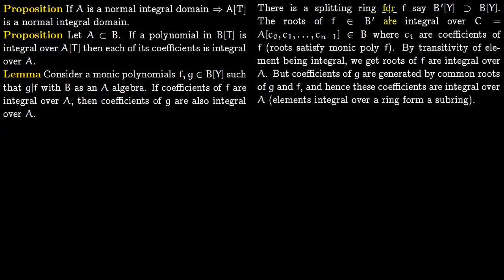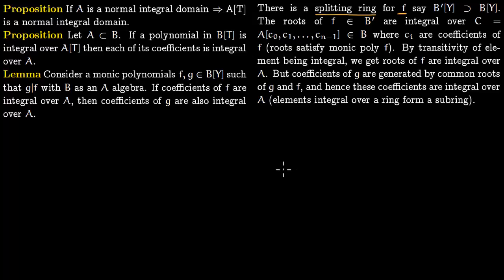So first notice that if you are given any polynomial f, you can always find its splitting ring, and say its splitting ring is B', and essentially you find the splitting ring by just adjoining the roots to the base ring on which you have defined it.